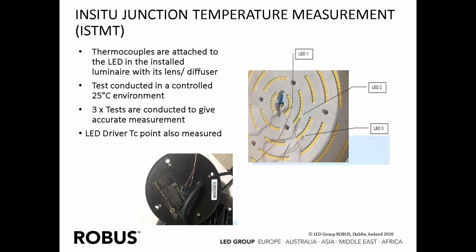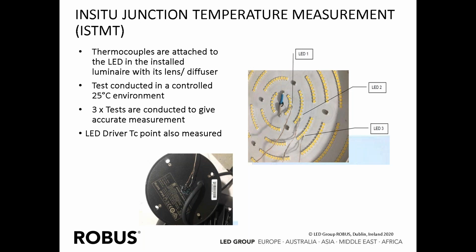So thermocouples are attached to these points to the LED in the installed luminaire with its diffuser and lens and everything else in its normal operating environment at 25 degrees C. And 3 tests are conducted to give accurate measurement.